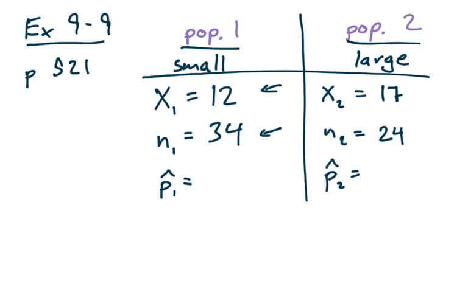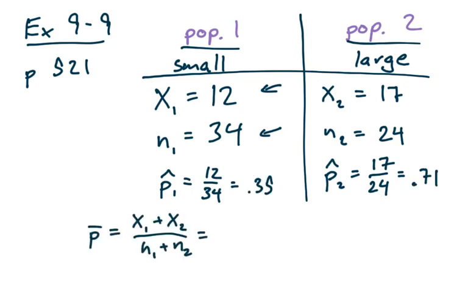So here the sample proportion is 12 out of 34. And we can get a calculator to see what that reduces down to. And then similarly here, this one is 17 out of 24. And we'll let the calculator do its job on both of those.